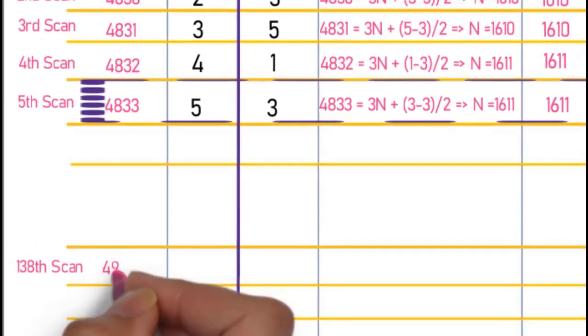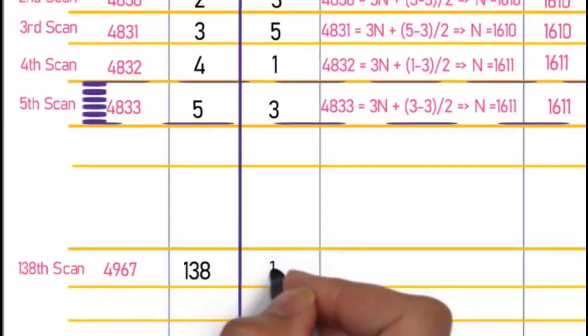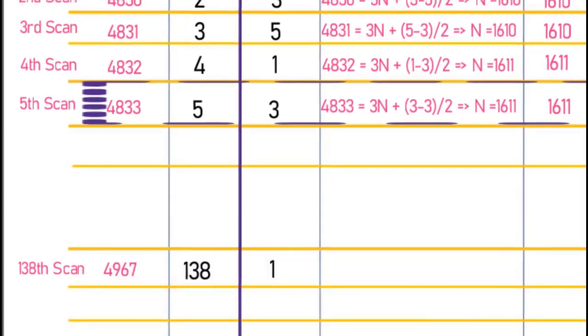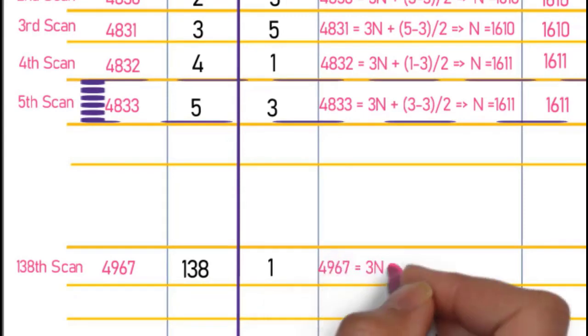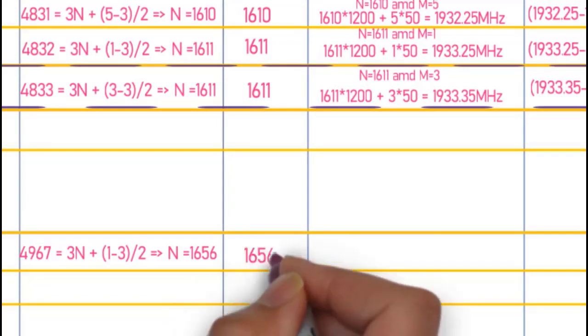For the 138th scan the GSCN value is 4967 and the m value is 1. So we will calculate the n value. When we put the m value 1, the n value is 1656.